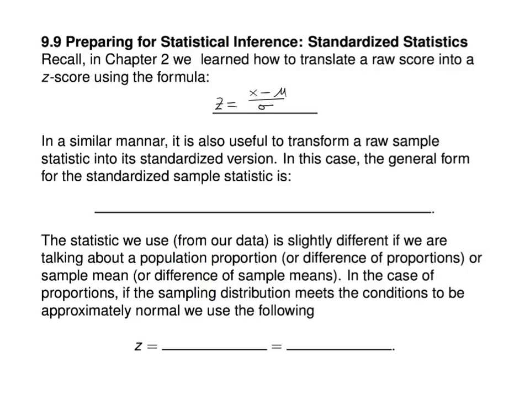Now, in a similar manner, it's also useful to transform a raw sample statistic into its standardized version. In this case, the general form for the standardized sample statistic is z equals sample statistic minus the population parameter divided by the standard deviation, SD, of that sample statistic.